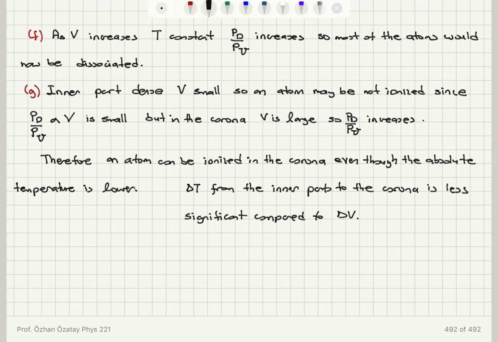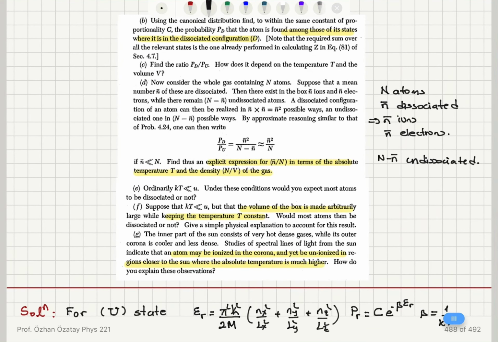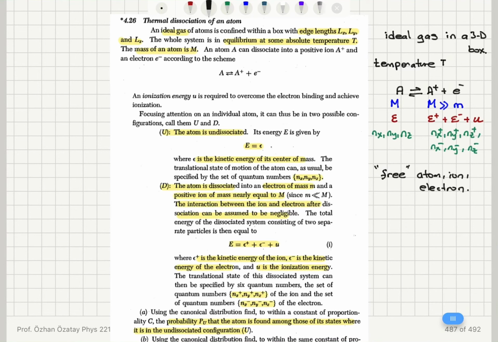Okay, so to sum up, we talked about thermal dissociation of an atom, where an atom has mass capital M. In the dissociated state, we have an ion which has approximately the same mass, but the electron has mass lowercase m, less than capital M. It takes some energy, the ionization energy, to cause the dissociation, and then in the undissociated state we only have the kinetic energy of the center of mass of undissociated atoms, which are shown by 3 quantum numbers.